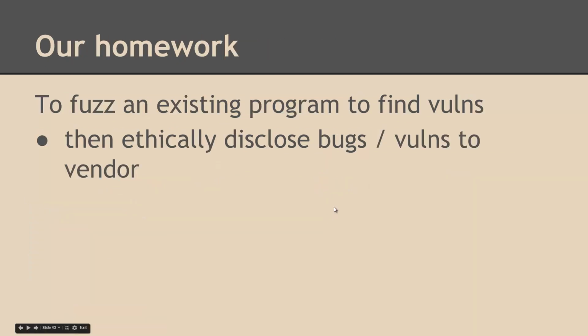So, homework 5 of this class is probably better called Project 5, the only project. It is worth 10% of the grade or so, and the goal is to fuzz an existing program to find a zero-day vulnerability and to ethically disclose the bug to the vendor.